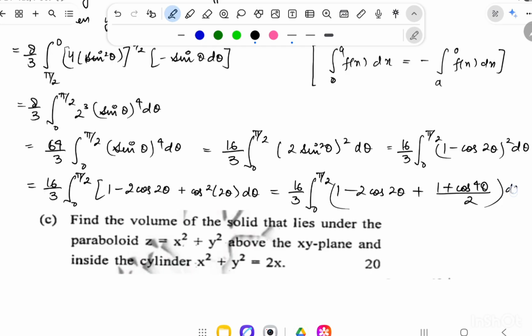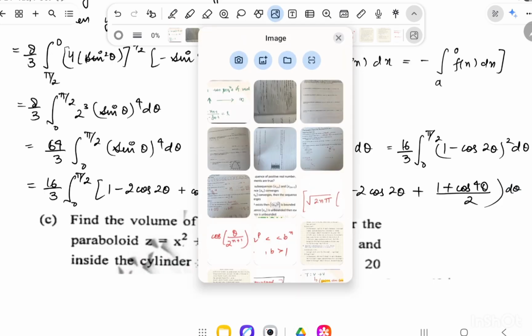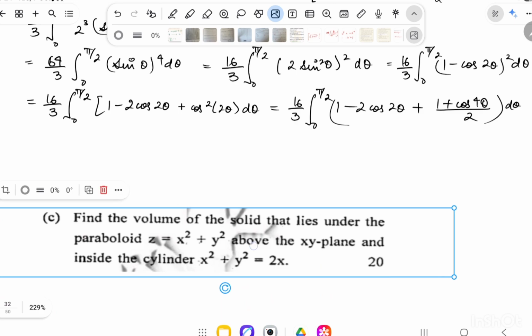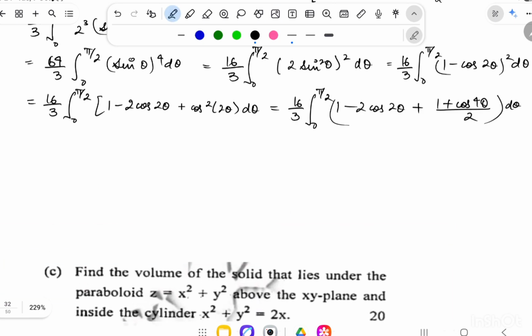Now I can just integrate it with respect to theta. It will be 16 by 3 times [3 theta by 2 minus 2 sine 2 theta by 2 plus sine 4 theta by 8], and the limit varies from 0 to pi by 2.